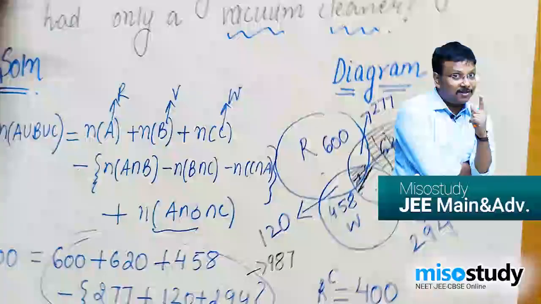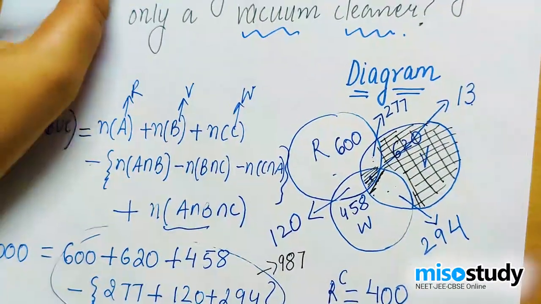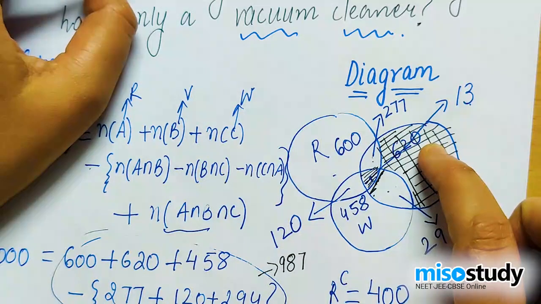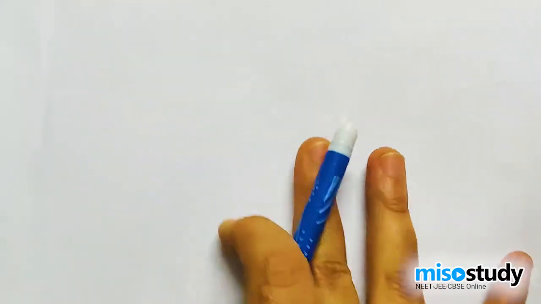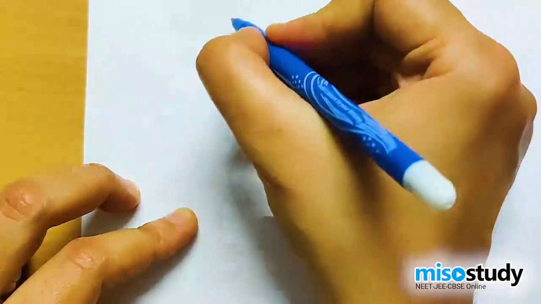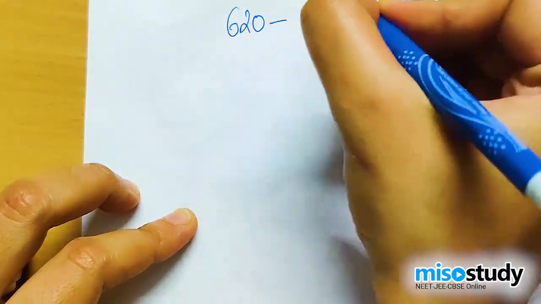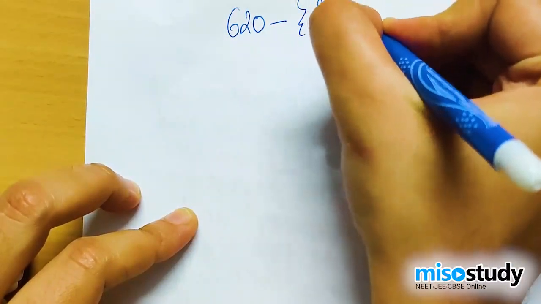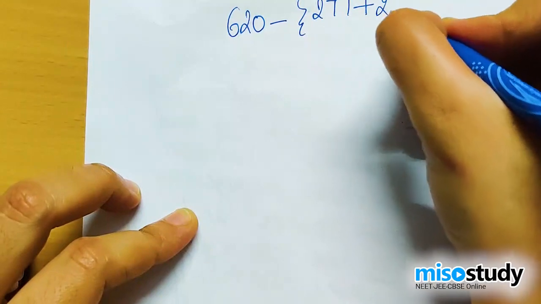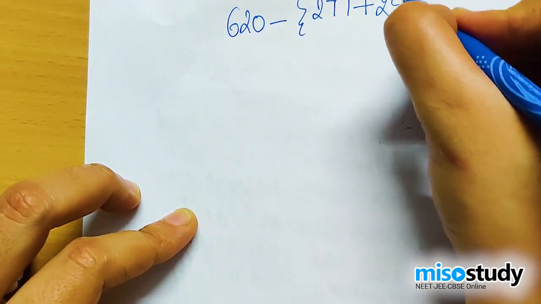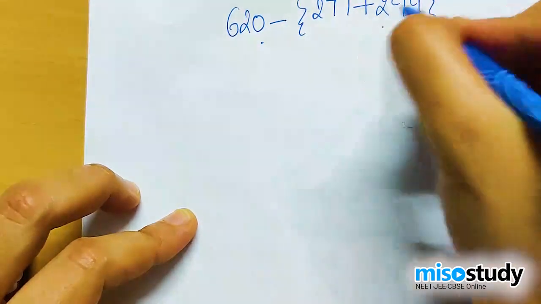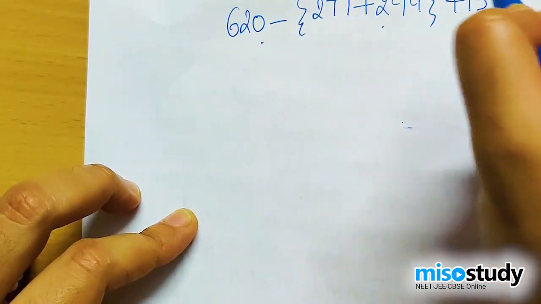So let's just add and subtract. I'm going to show you the numbers once again. So what are we going to do? From 620, you need to subtract 277, 294 and then add 13. So 620 minus 277 minus 294, and you're subtracting this and you add 13.